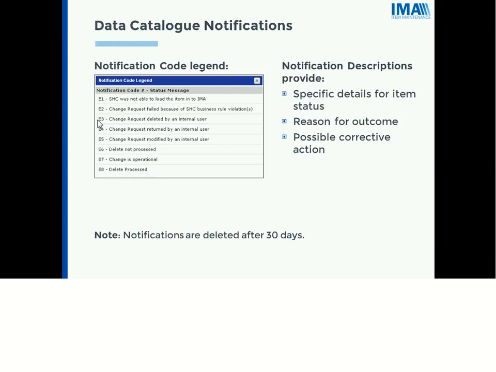And I don't know about E6. I'm not really sure exactly what E6 means, but I think E7 does mean that your change synced over successfully. So, okay, any other questions about data catalog notifications? Okay.